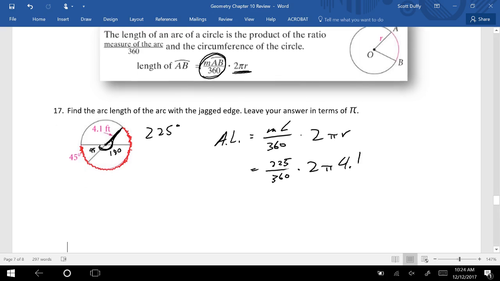We want to leave our answer in terms of pi, so multiply the fraction 225 over 360 times 2 times 4.1, and you will get 5.125. Tack the pi on at the end, and that is a length, so that is just going to be in feet.